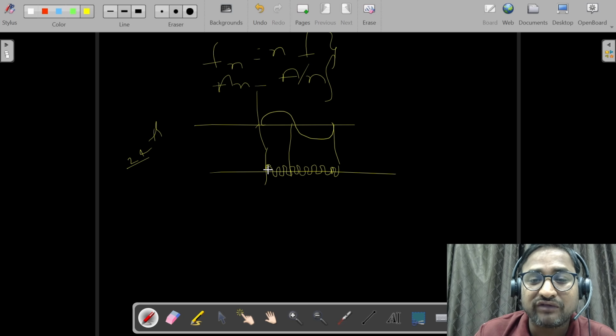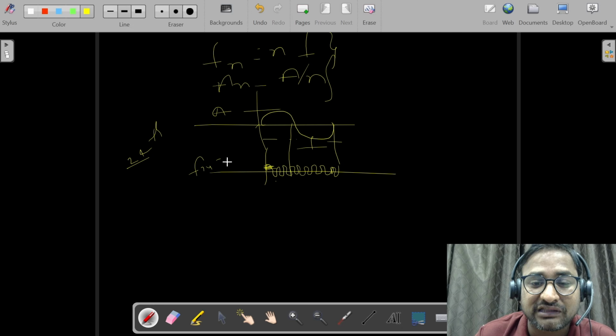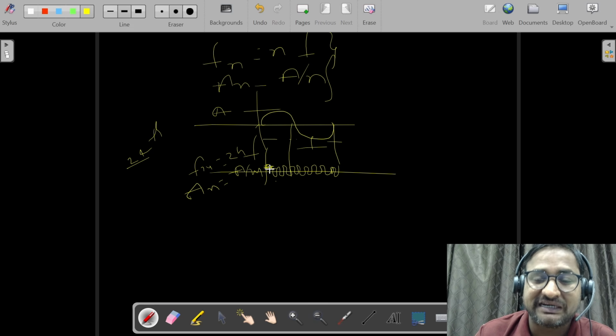So when we draw 24 cycles, my amplitude will definitely decrease, because they are small pulses with respect to the fundamental. If my fundamental amplitude is A and fundamental frequency is f, my 24th harmonic frequency is 24 into f, and my 24th signal amplitude is A by 24. It means this small amplitude is present here.